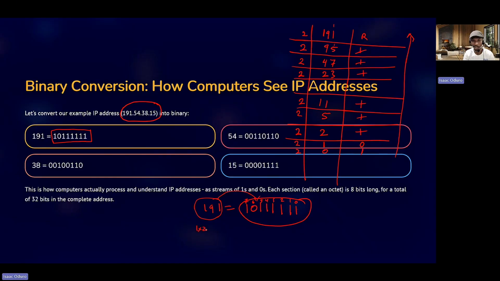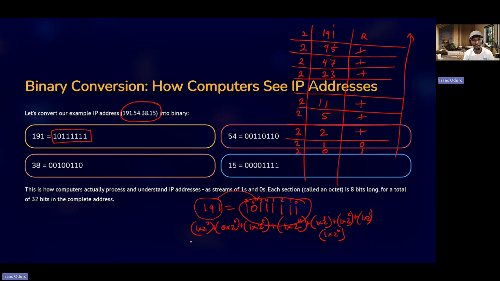That is 1 times 2 exponent 7, plus 0 times 2 exponent 6, and then 1 times 2 exponent 5, and then 1 times 2 exponent 4, and then 1 times 2 exponent 3, plus 1 times 2 exponent 2, plus 1 times 2 exponent 1, and then you have 1 times 2 exponent 0.